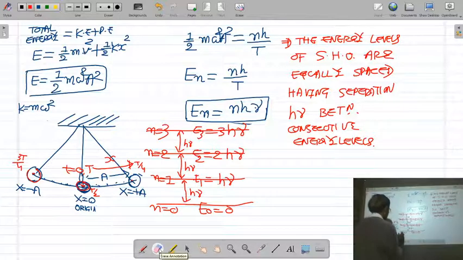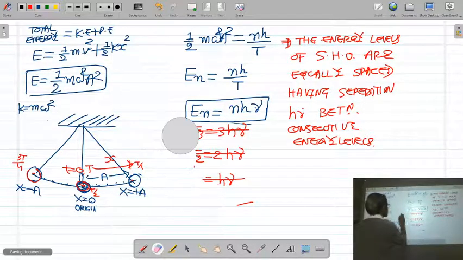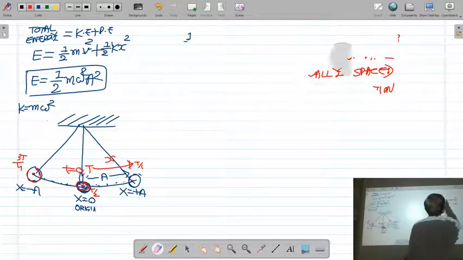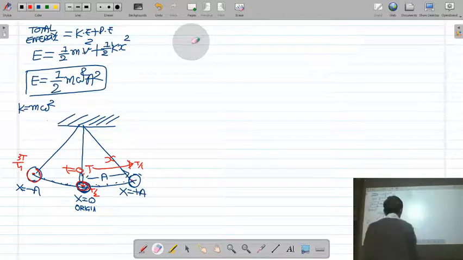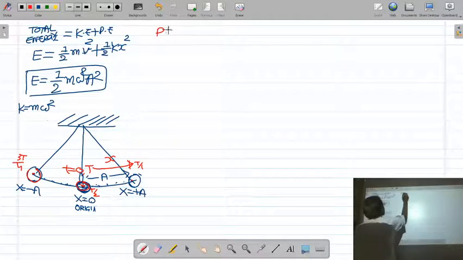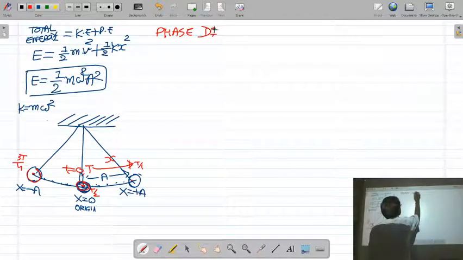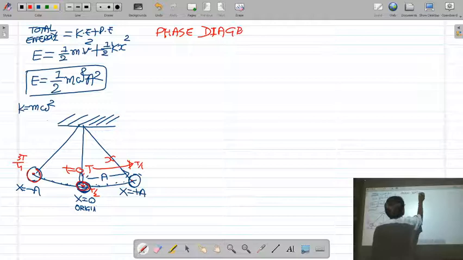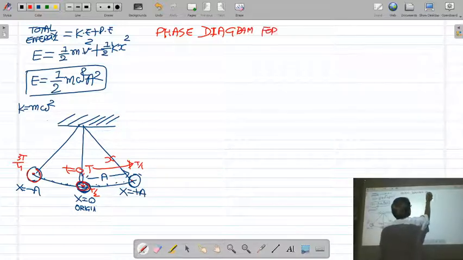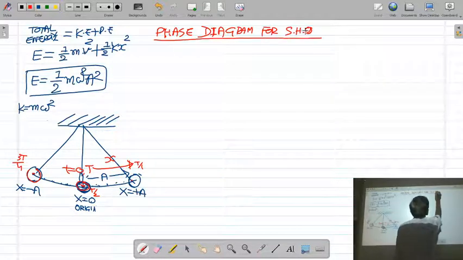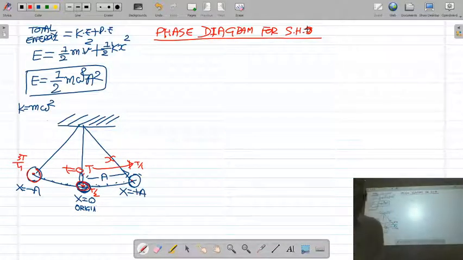Okay, and lastly, we will draw the phase diagram of the simple harmonic oscillator.